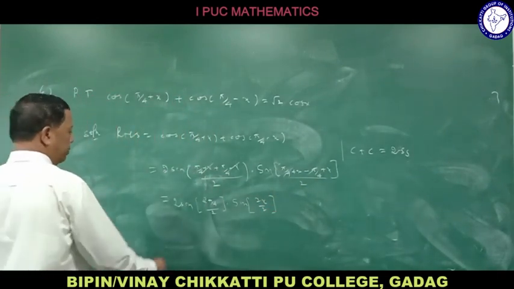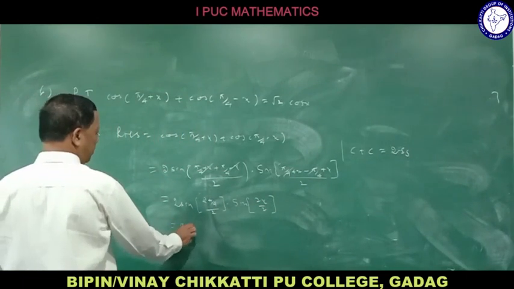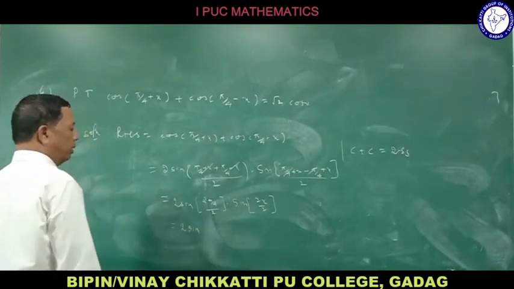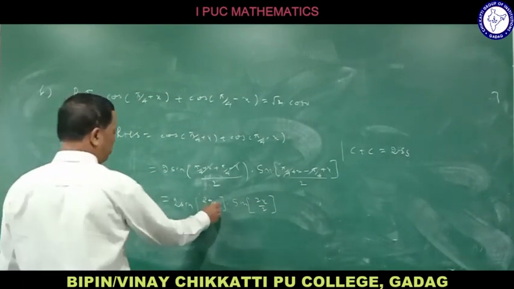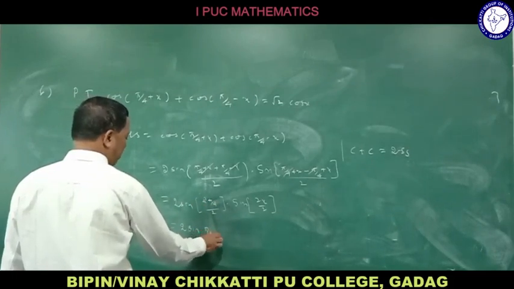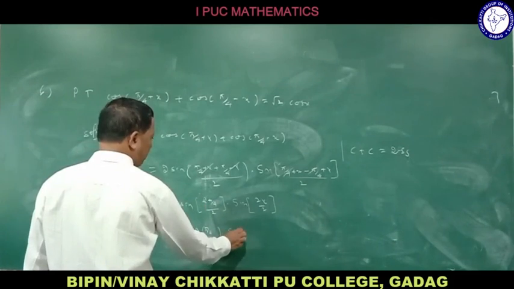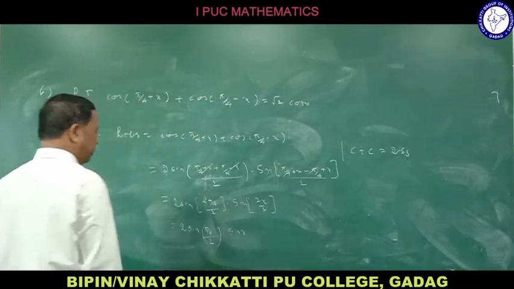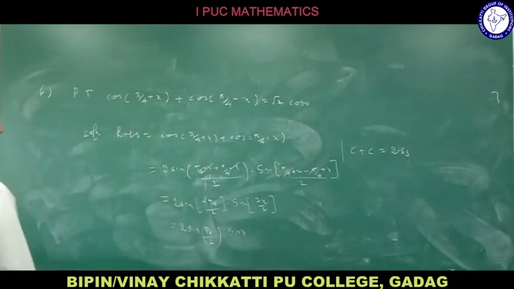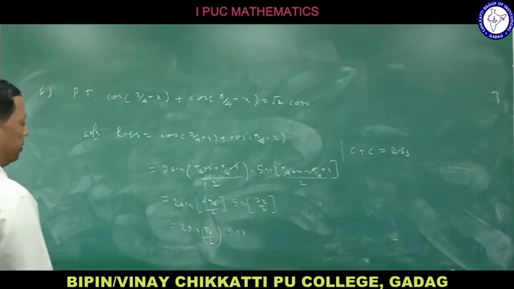Now you can see the result here: 2 sine pi by 2 into sine x. Try to understand how you can prove this result.